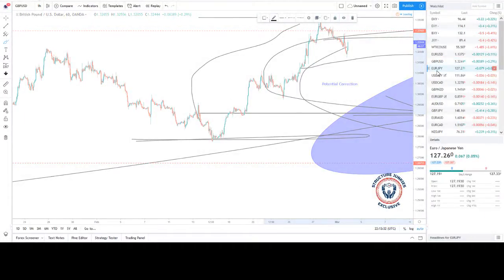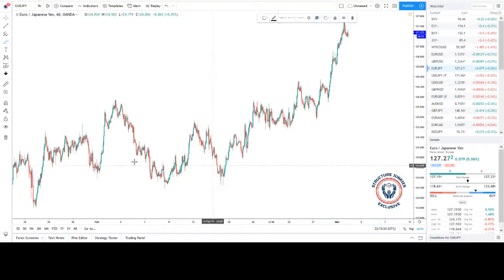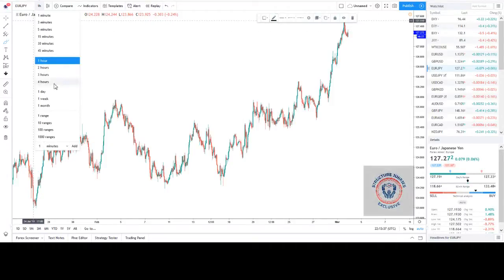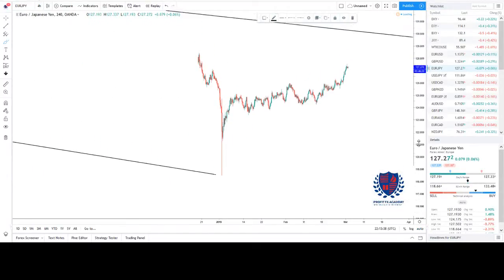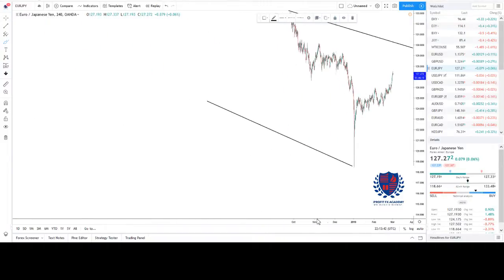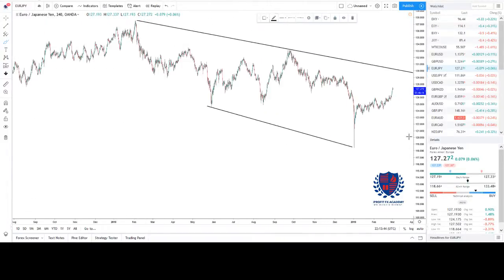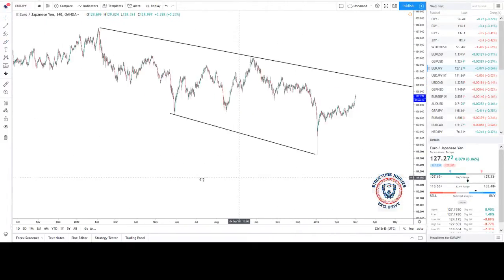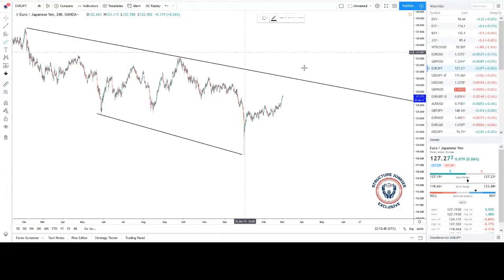Let's go to Euro Yen. Euro Yen, more or less, let's put it on the 4 hour. Euro Yen, more or less, we're getting towards the top of this structure it's making to the downside. So what I'm looking for is it to crawl up here.